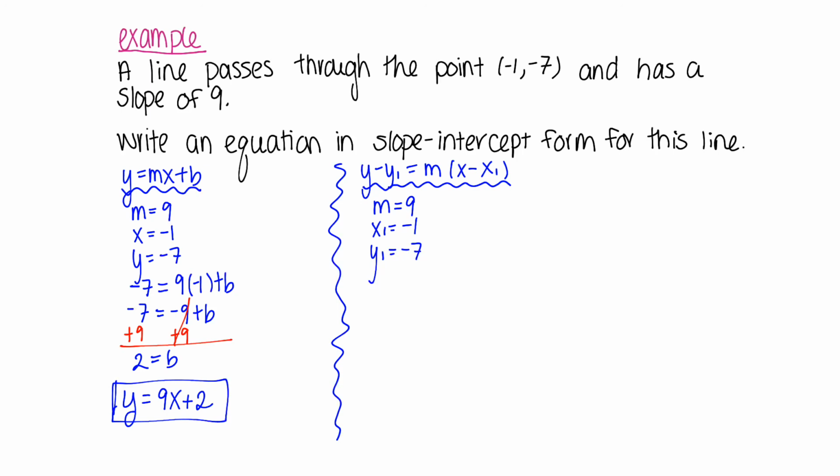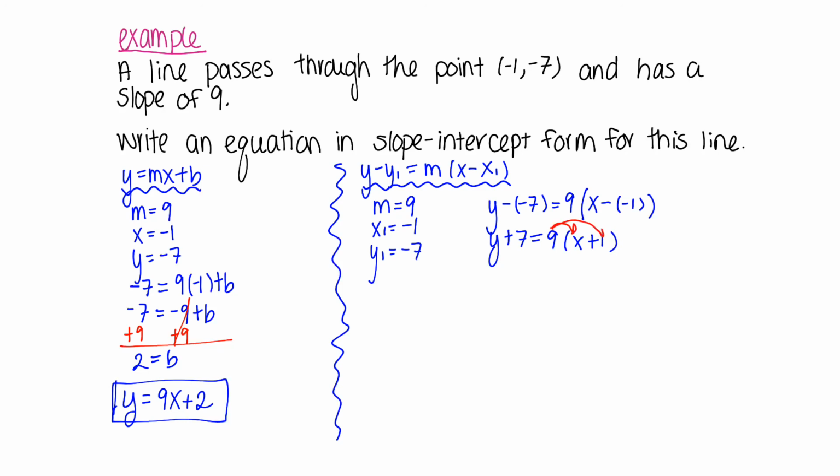So plugging in those values, we have y minus y1, which is negative 7, is equal to 9 times x minus x1, which is negative 1. I'm going to clean this up a little bit. Subtracting a negative is the same as just adding, so y plus 7 equals 9 times, and same thing here, x plus 1.